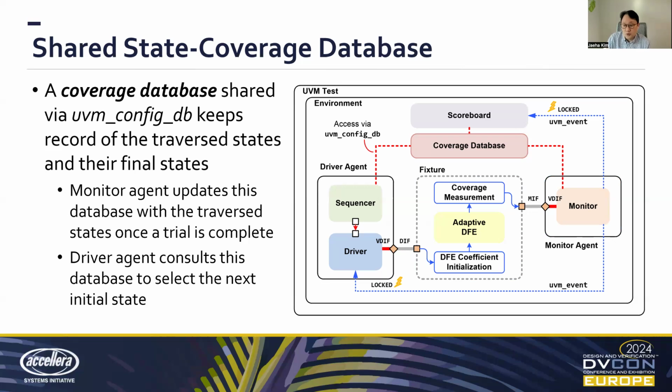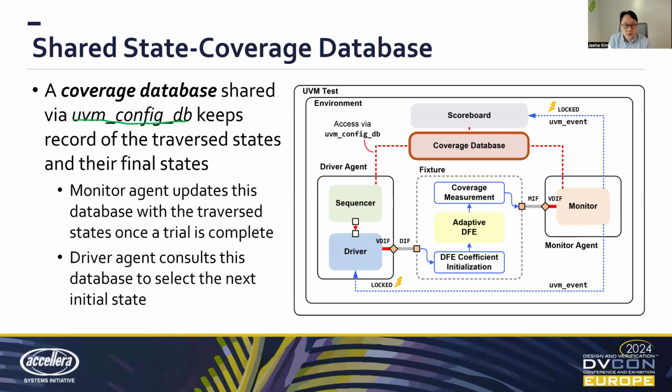To do that, we use a coverage database, basically recording all the states that have been visited and the corresponding final state for each of these initial states. And this coverage database is shared through a UVM configuration DB.